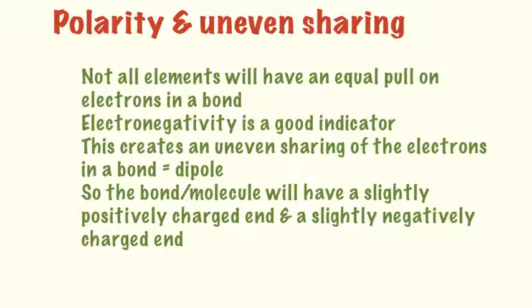So if we don't have even sharing of electrons, then we have a dipole formed. Now, a dipole means we have slight variation in charge between one end and the other end of the bond. Now, this allows other interactions to occur, particularly the intermolecular forces.